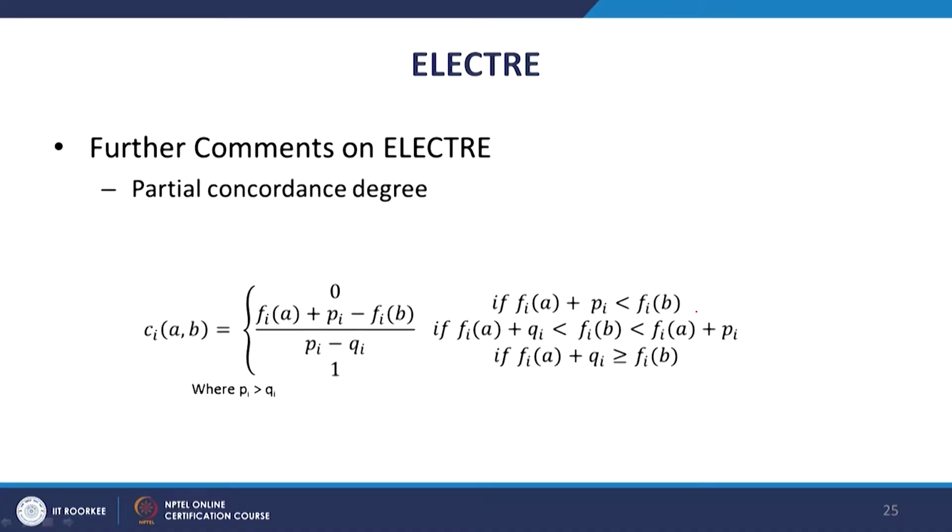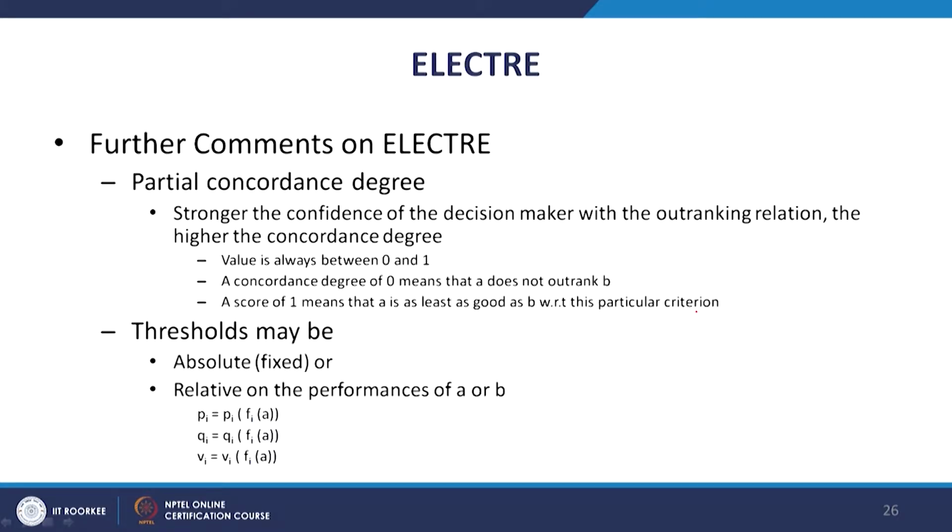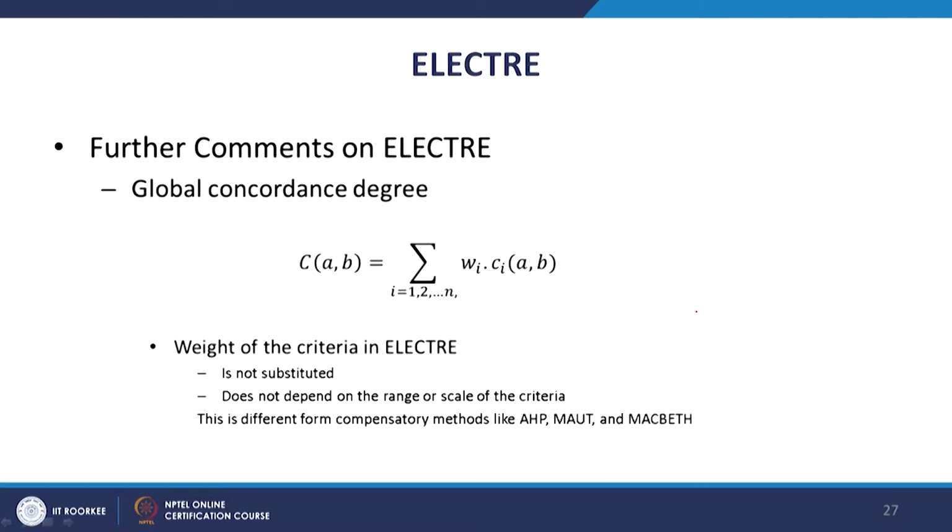We talked about the partial discordance degree and the underlying mathematics. In the slide we can see the different scenarios for computation of the partial concordance degree and the values that could be there, as discussed in the previous lecture. Similarly, we talked about the absolute or relative performances of A or B. We talked about the global concordance degree, which is a summation of weighted partial concordance degrees, where the weights are the criteria weights.